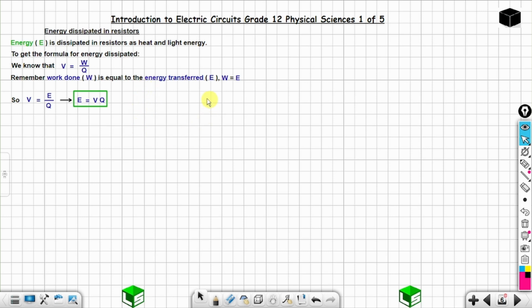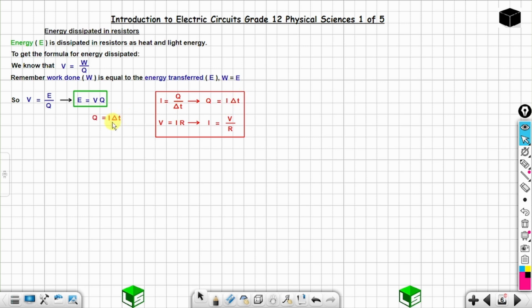Now, remember the following formulae from the previous slides. We are going to use these formulae. Now, with this formula, if you substitute Q, the charge, the charge is equal to the current times change in time.